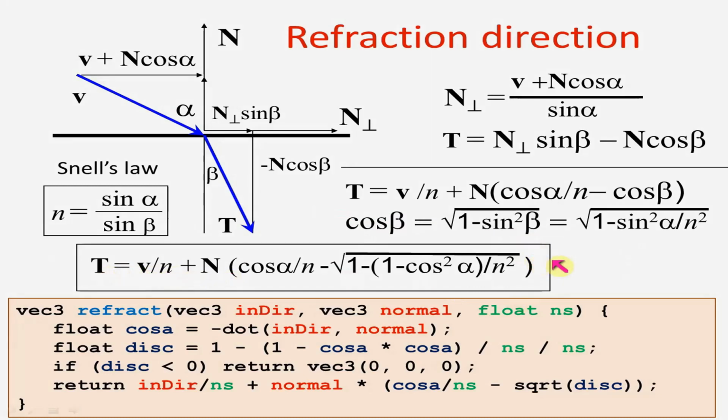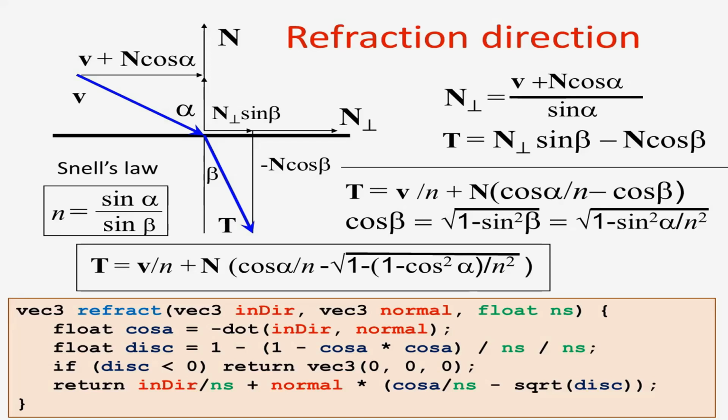This final formula for refraction direction involves a square root here, where the discriminator, which is in the square root, can also be negative if the refraction index n is less than 1. This relative refraction index is less than 1 if the ray arrives at the boundary from an optically denser medium.